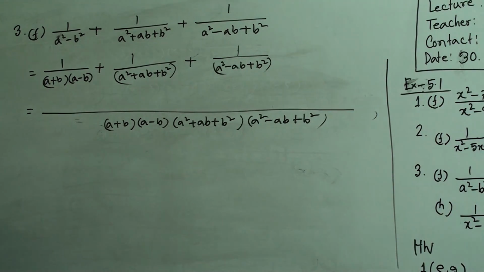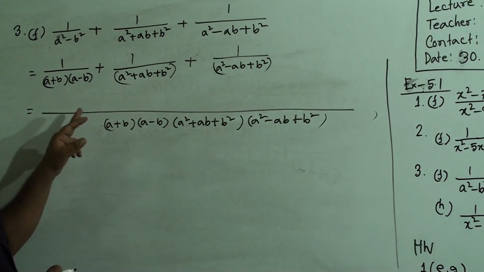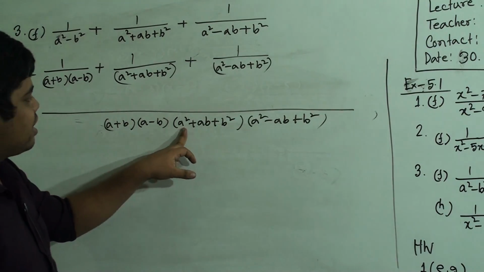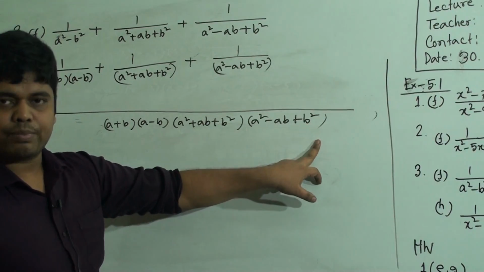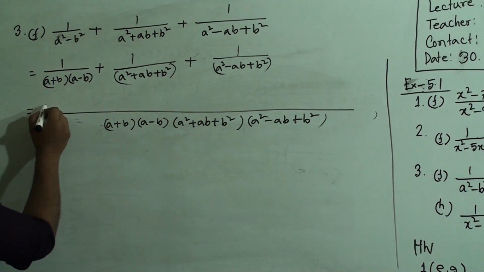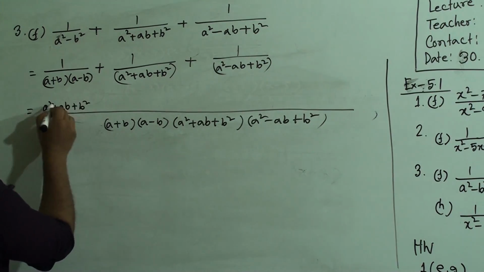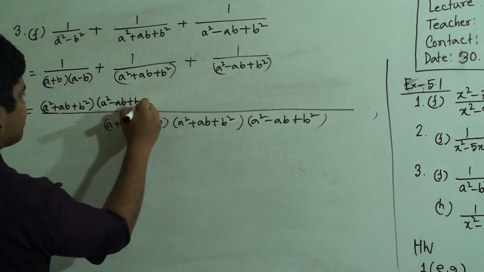Now we divide this LCM by the denominator of the first fraction. So if we divide this number by a plus b and a minus b, then we get a square plus ab plus b square into a square minus ab plus b square. Okay, I write this a square plus ab plus b square, here a square minus ab plus b square.